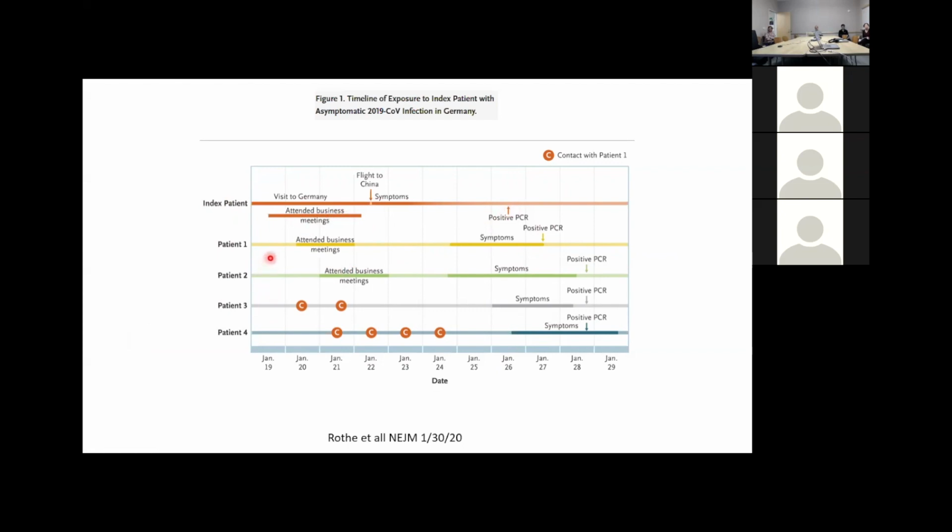There are other people who attend the business meeting, and then they subsequently develop symptoms. Patients 3 and 4 are the ones who actually have contact with the index patient.